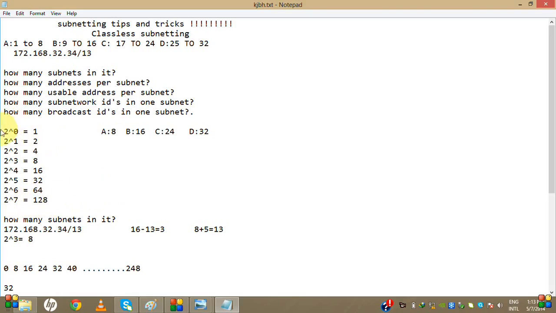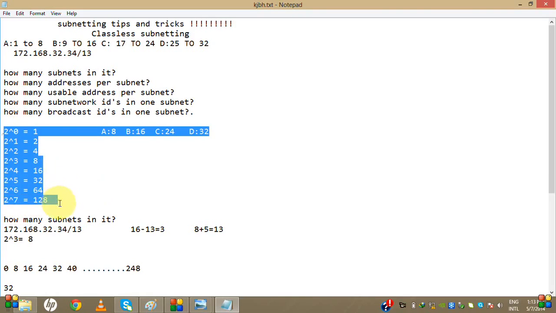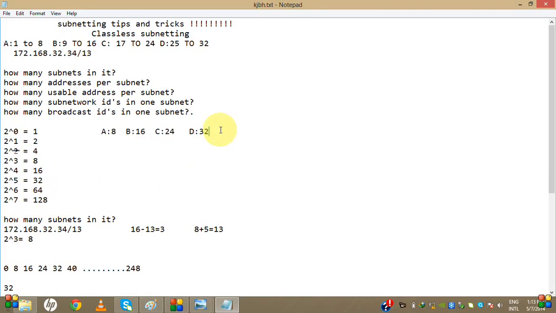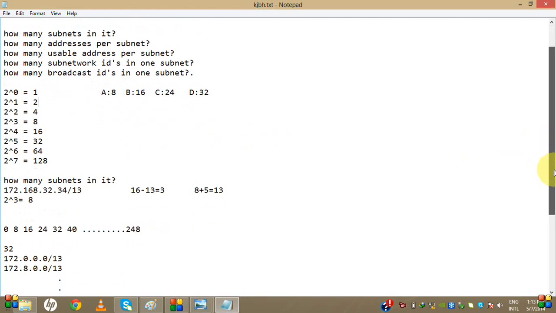Keep in mind these values, and also keep in mind the ranges of classes, the network bits of class A, class B, class C, and class D.